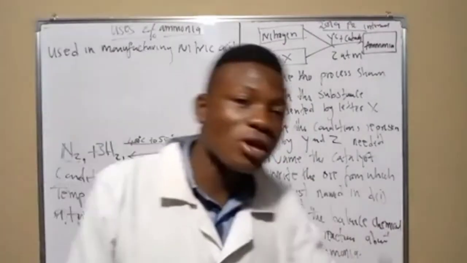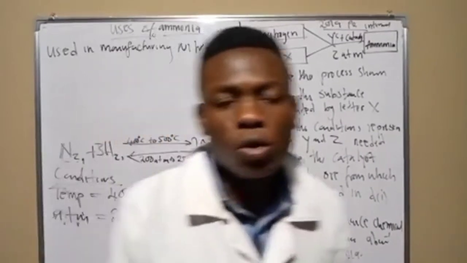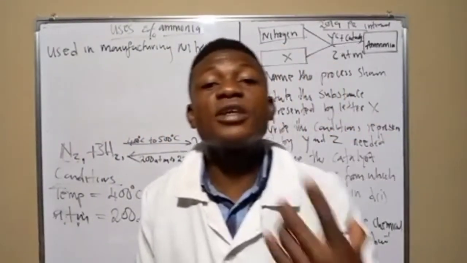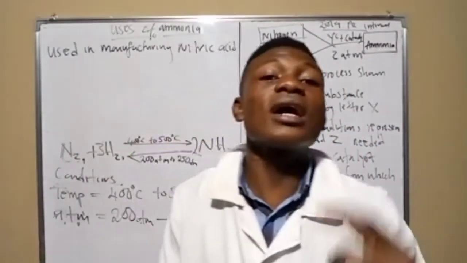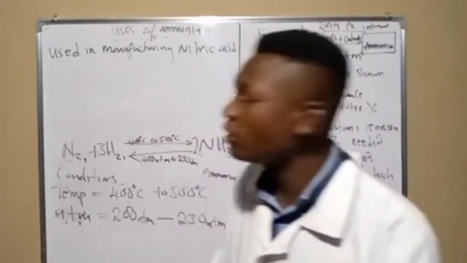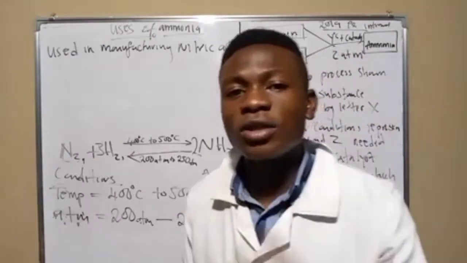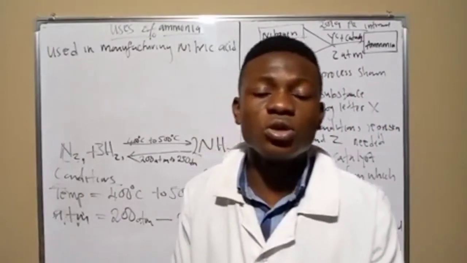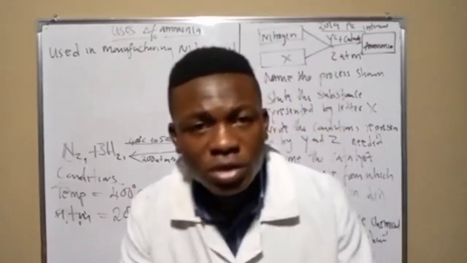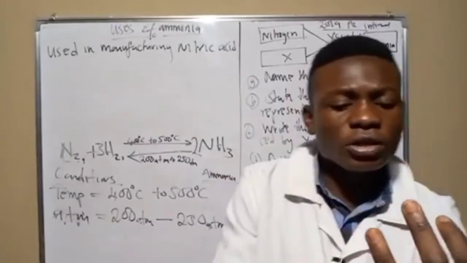So we are talking about the Haber process before we answer the examination question. The Haber process is a process used in the production of ammonia. They use a catalyst called iron catalyst. The raw materials needed to produce ammonia are nitrogen and hydrogen.